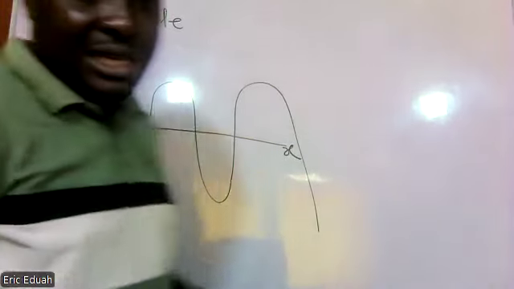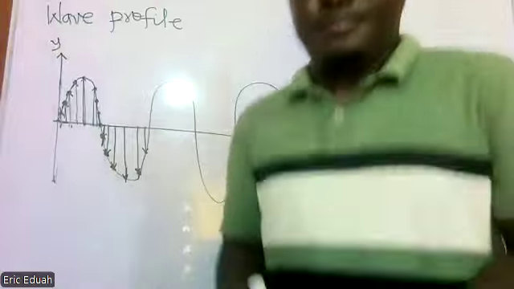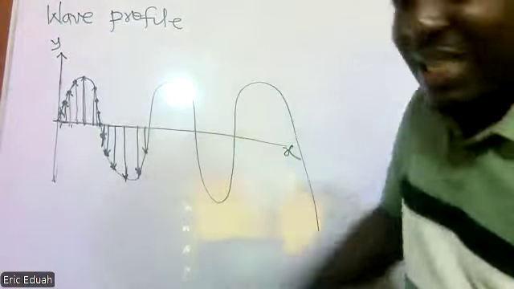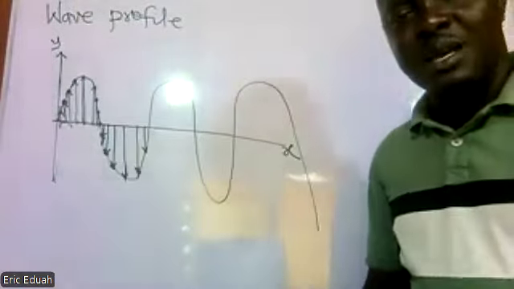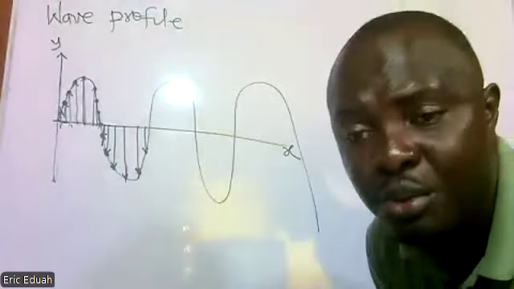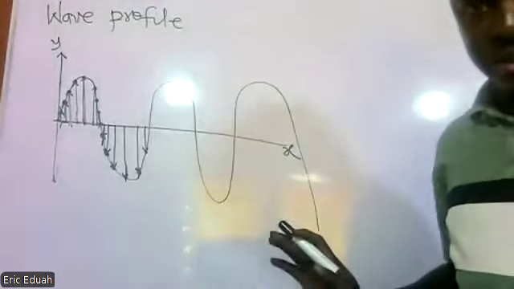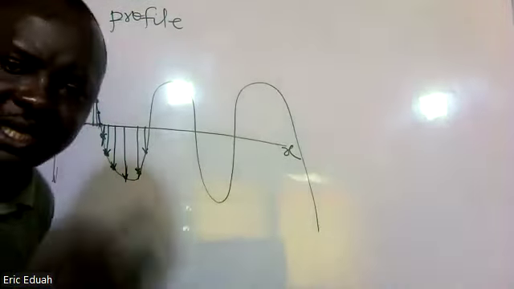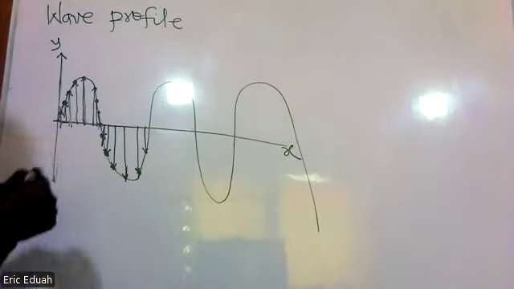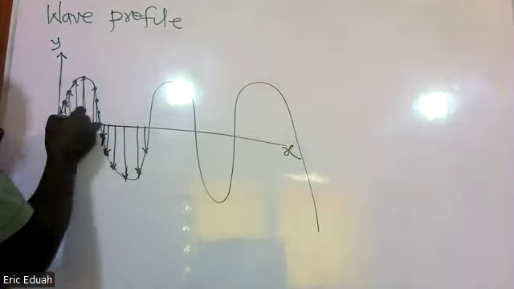Because, as I said, it's an up and down thing, and it repeats. So we picture a wave as a simple harmonic function, and every simple harmonic function is a repeated function. That is why we picture a wave as this.